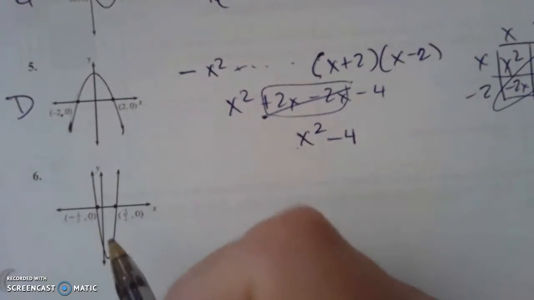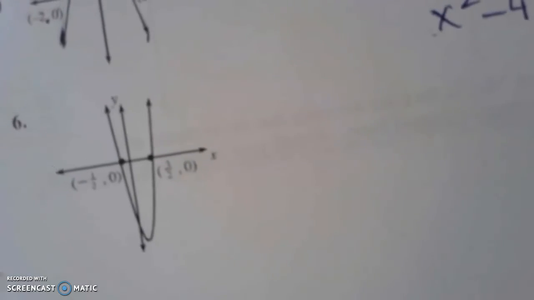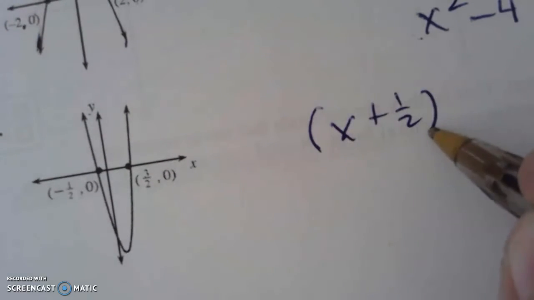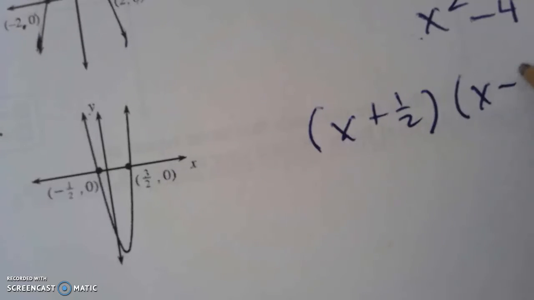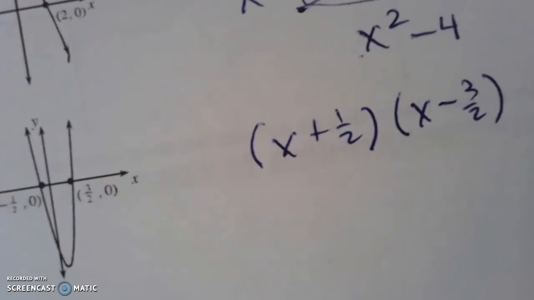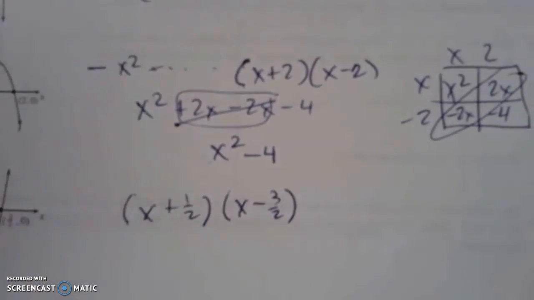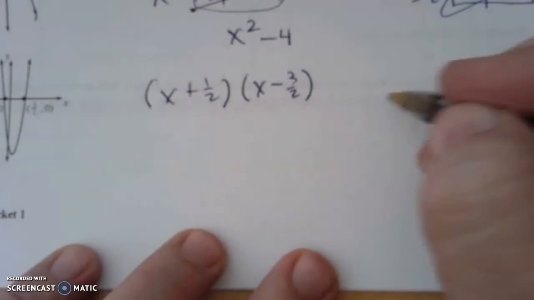And this last one, what is that, a 1/2 or a 1/3? So 1/2 and 3/2, okay? So we're going to go x plus 1/2 and x minus 3/2. We're going to multiply that together. See, we need to make our little square. And what do we get?